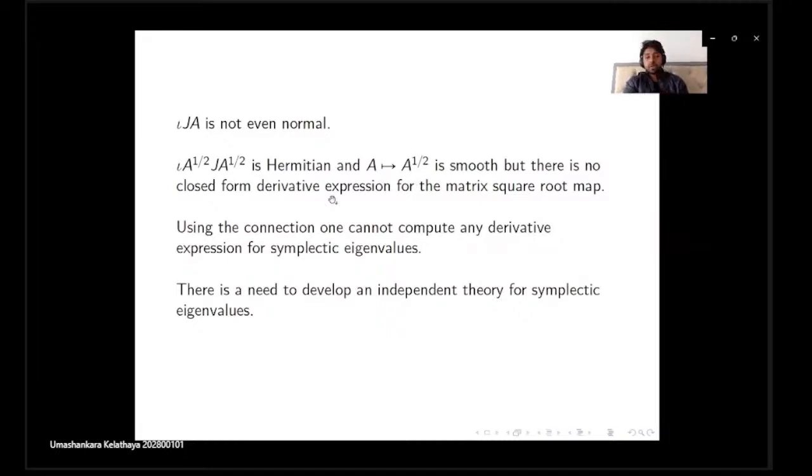So as far as computations are concerned, using this connection also doesn't give us much. Because of these complexities, there is a need to develop an independent theory for symplectic eigenvalues, and that is precisely what we did in our paper.